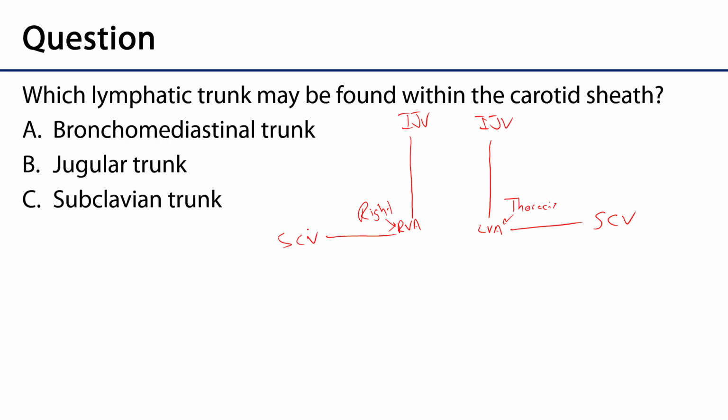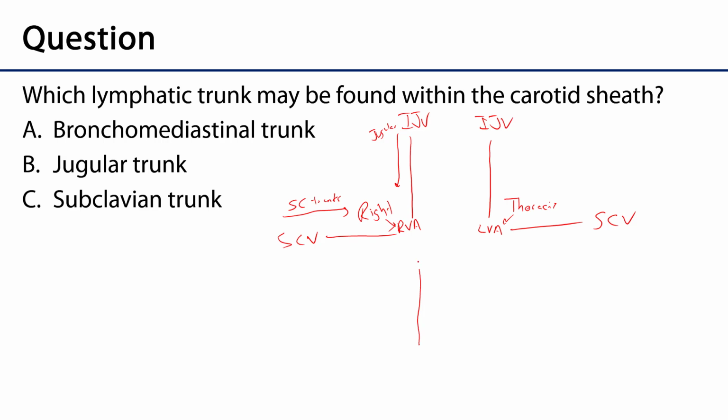So there are 3 trunks that conceptually feed into these ducts that feed into the vicinity of the venous angles. There's going to be subclavian trunks on either side. There will be jugular trunks on either side.